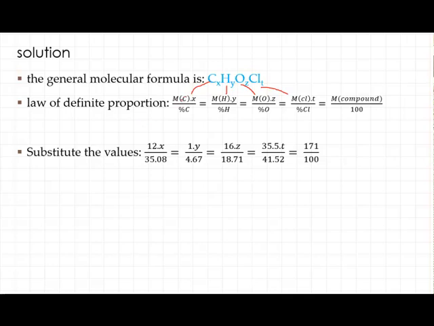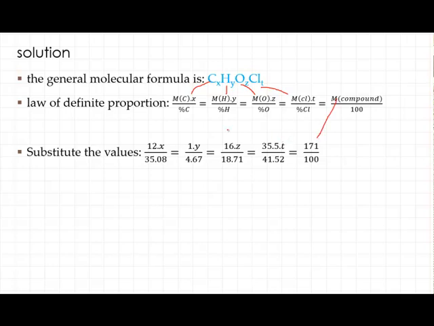We have the molar mass of carbon, we substituted it, and we have the percent by mass of carbon given. The same way, the molar mass of hydrogen is 1, and we have its percent by mass. We did the substitution for each element, for each value that is given in the example. And the molar mass of the compound was given as 171.